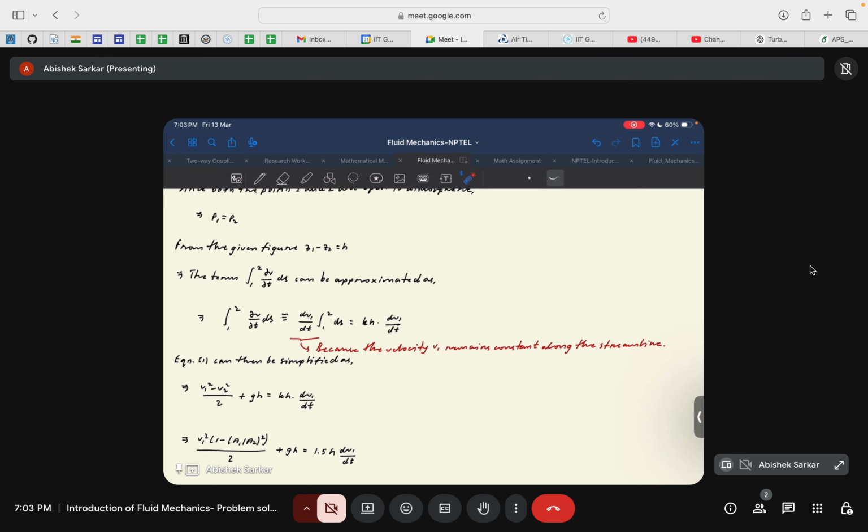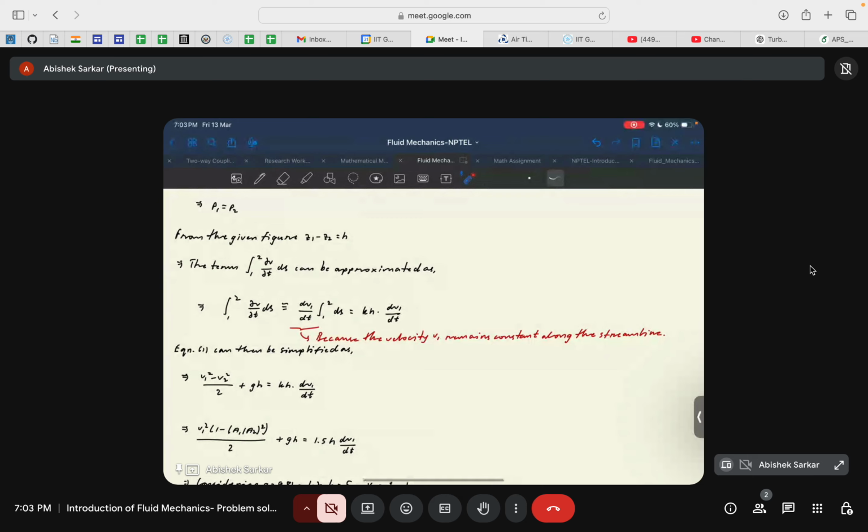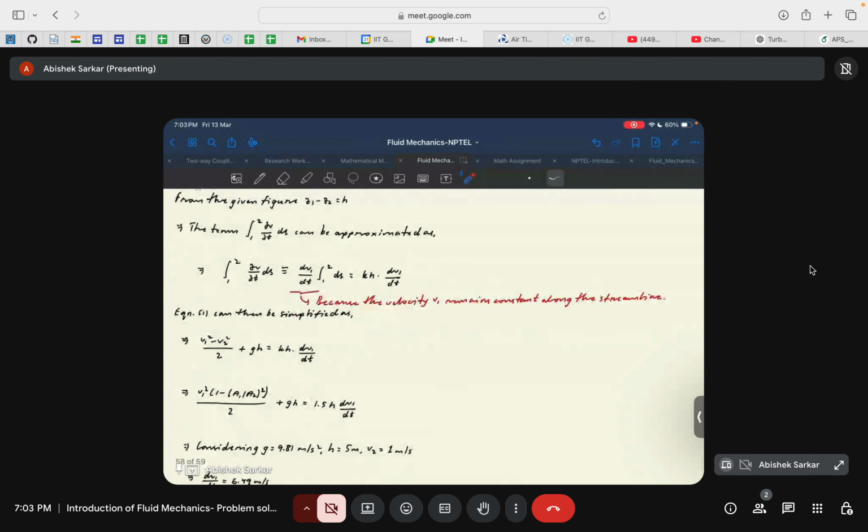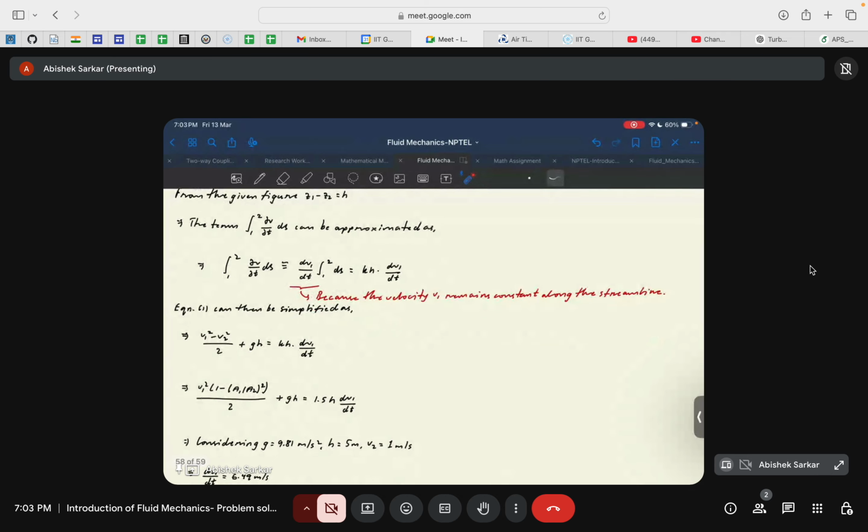Moreover, since this integration is done along the length of the streamline, along the spatial direction, we can take this derivative out of the integration and simplify it as dv1/dt times the integration of ds from 1 to 2, and ds, as mentioned in the question, is equal to kh.